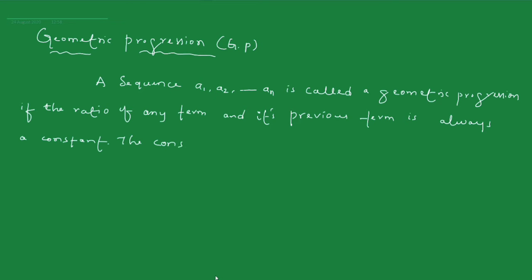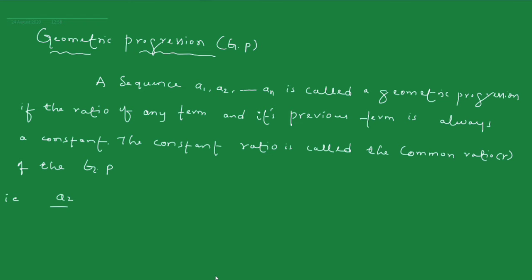The constant ratio is called the common ratio, small r, of the GP, that is A2 upon A1, which is equal to A3 upon A2, which is equal to so on, which is equal to r, right? It is the ratio.